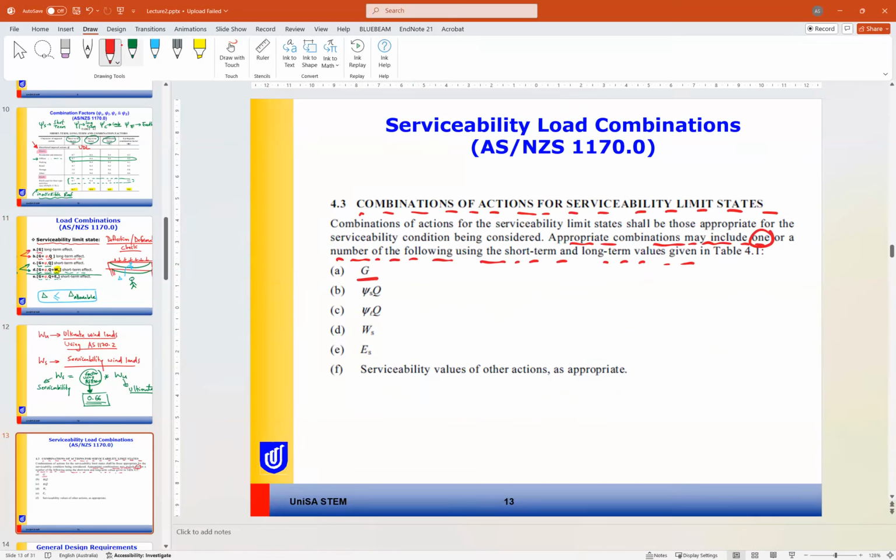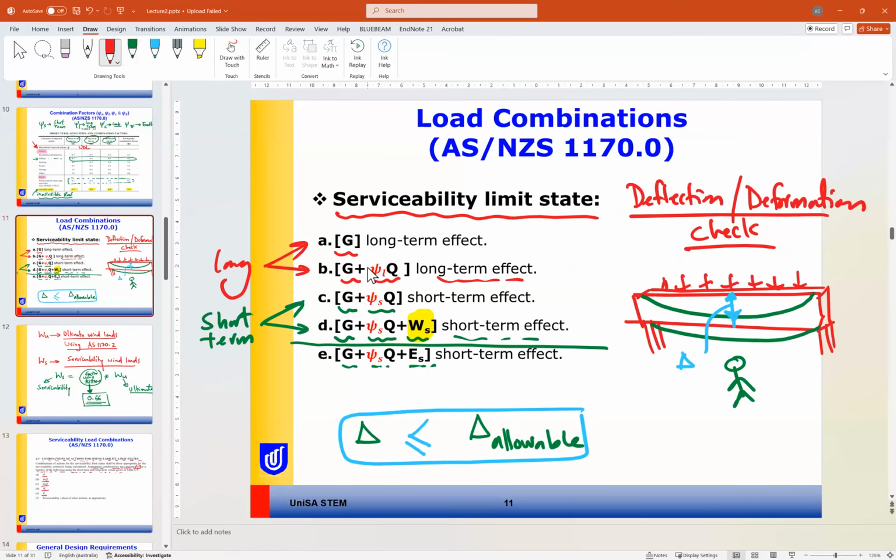So you have G, psi S Q, psi L Q, WS, and ES, and you can make combinations of them as we discussed: G alone, G plus psi L Q for long term, and G plus psi S Q for short term, and so on. Okay. Any question, guys, about the load combinations? Any question? No?